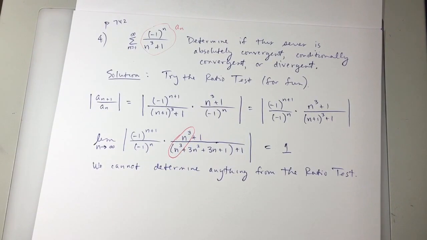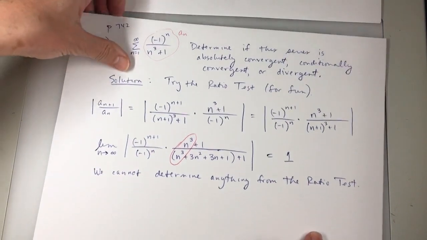Now, the ways to determine absolute convergence or conditional convergence, there's 3 ways. We could use the ratio test, we could use the root test, or we could use the definition of absolute convergence. If the ratio test didn't work, the root test will not work.